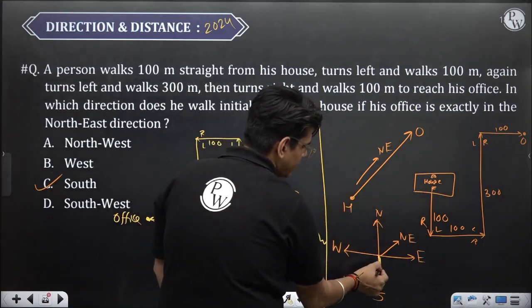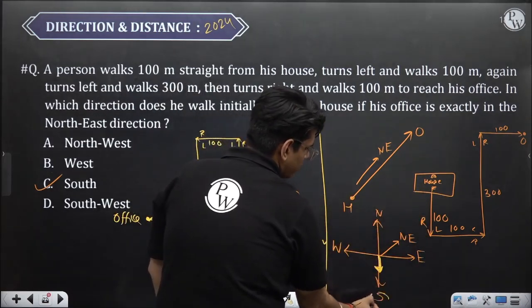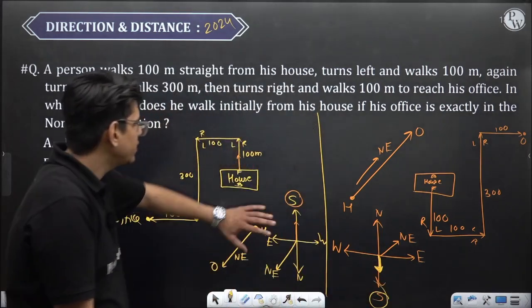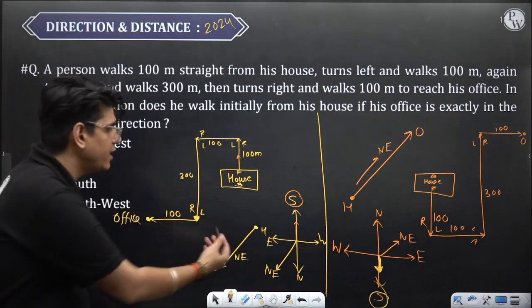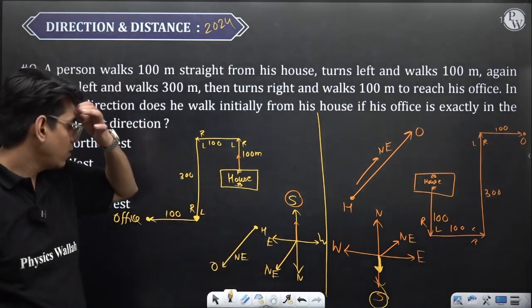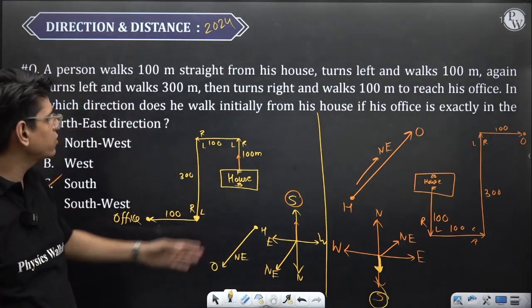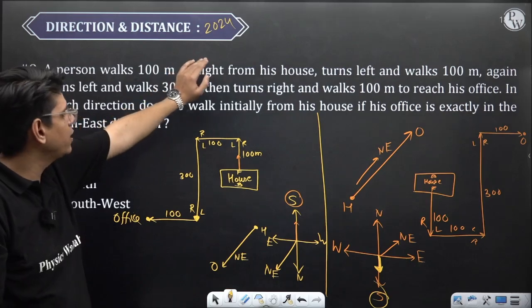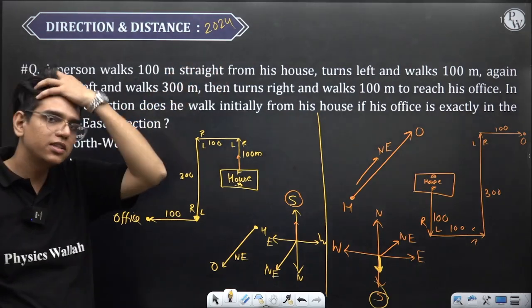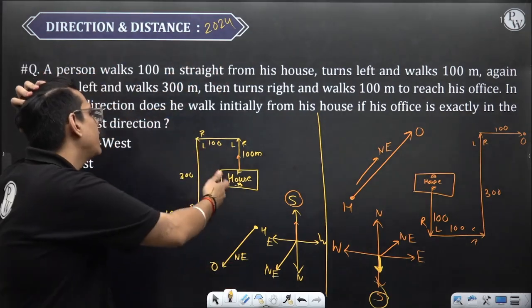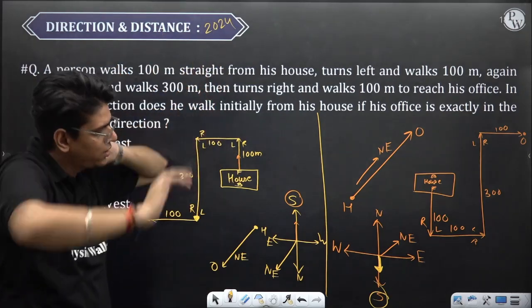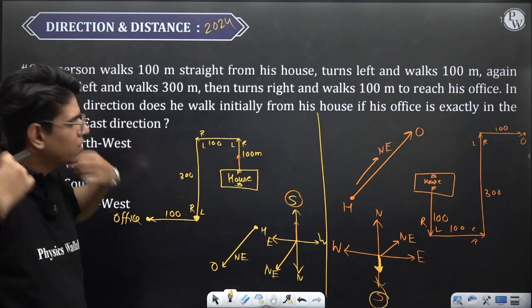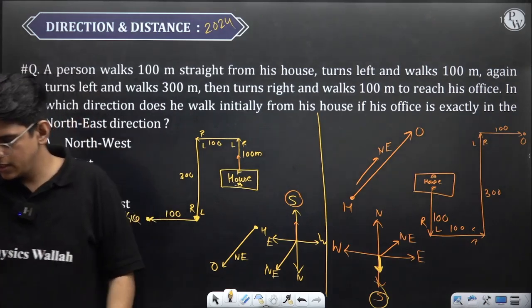This is again your south. So the orientation of the map is changed, but the context is same. You can solve this question by this or this, right? But at the start of the question, it was not mentioned which direction he is going, so I assume let it go in the north direction, right? Done. This was a good question.